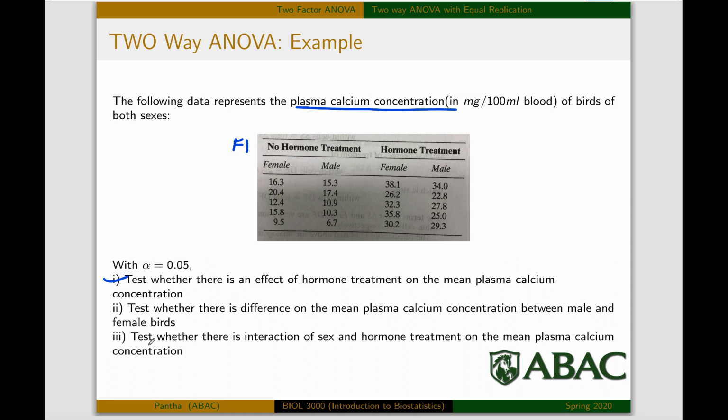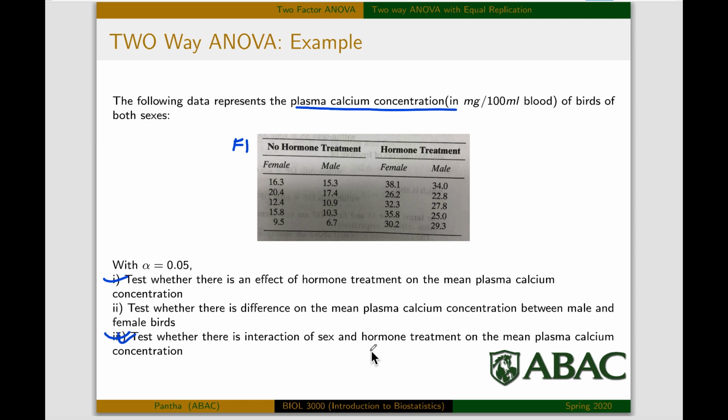And the third thing is to test whether there is an interaction of sex and hormone treatment on the mean plasma calcium concentration. So basically, does the average of the hormone and non-hormone treatment depend on male and female or not? That's what you are going to test.